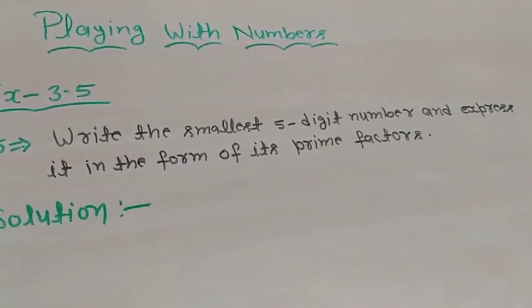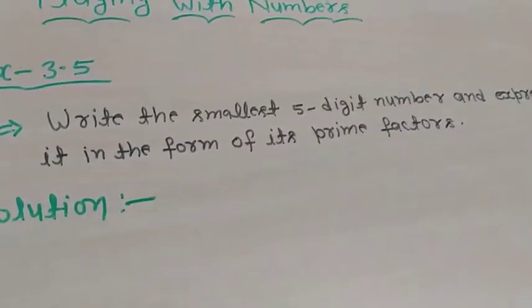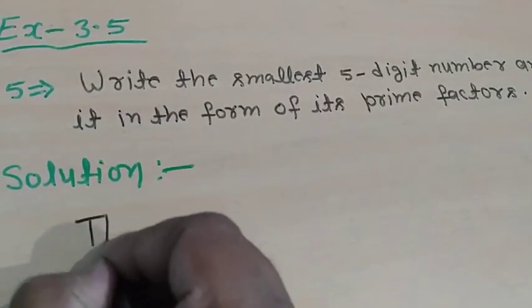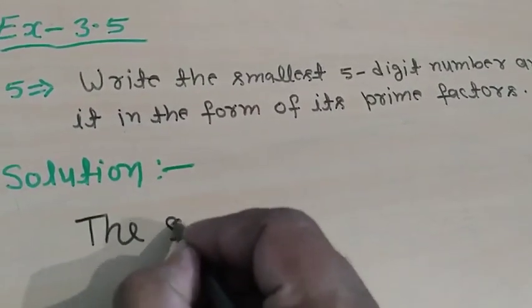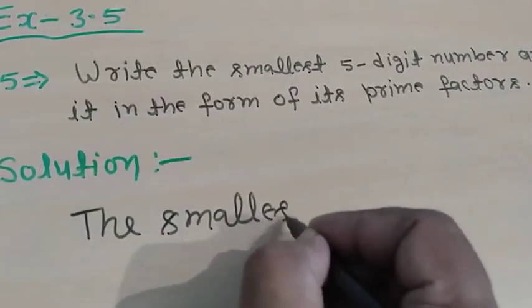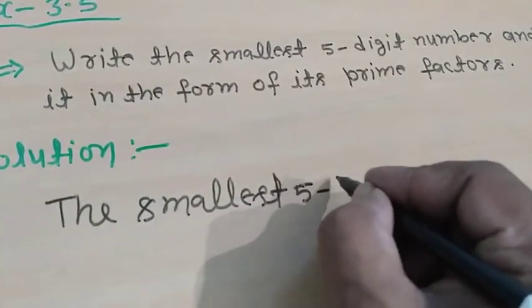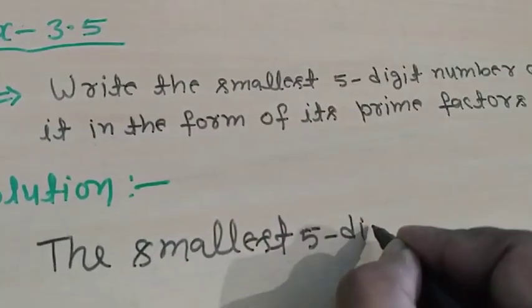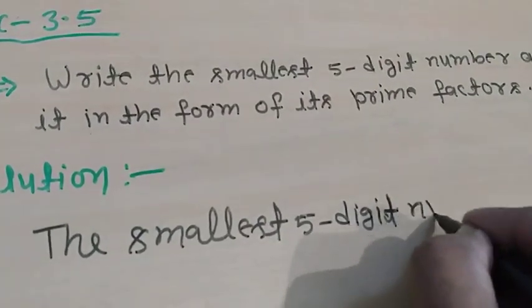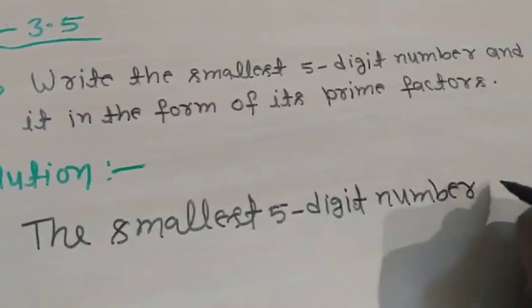Here, first we write the smallest 5-digit number, which is equal to 10,000.